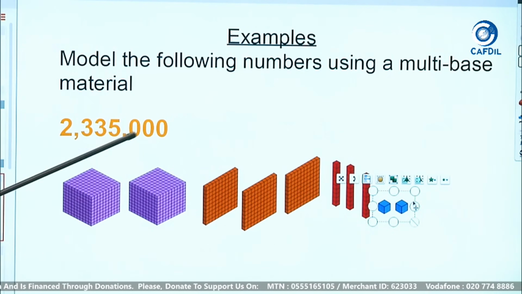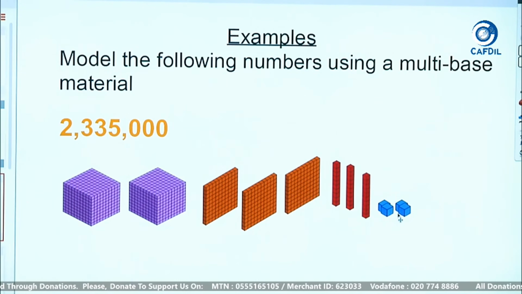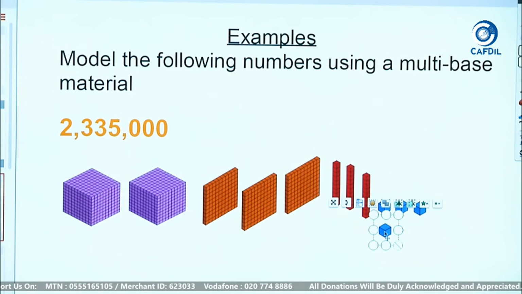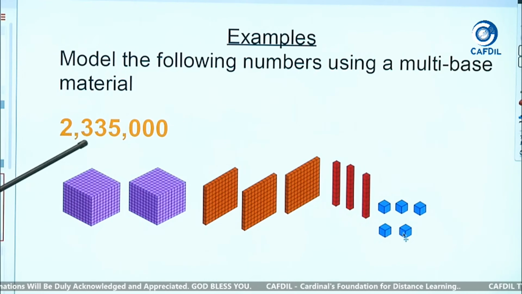So the 5,000 here, it means we will need 5 units. Very good. We have modeled the number. And what is that number? 2,335,000.